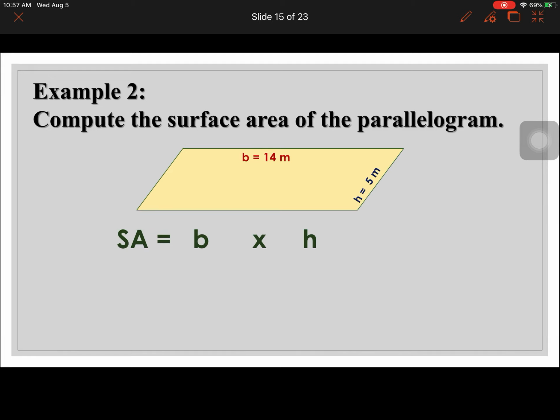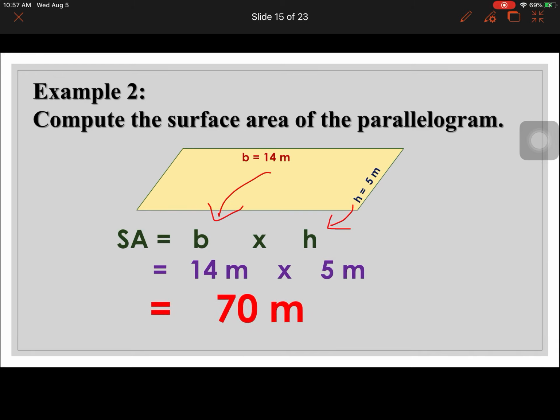Times up. So, computin na natin. Base is equal to 14 meters, while the height is 5 meters. Substitute lang natin sa formula. 14 times 5 is equal to 70 meters. Sino nakakuha ng tamang sagot na 70 meters? Okay, very good.